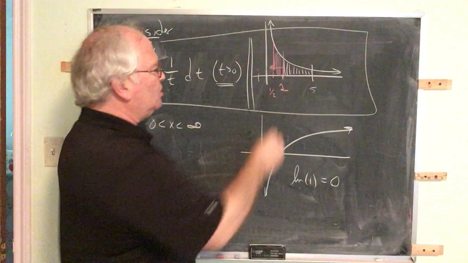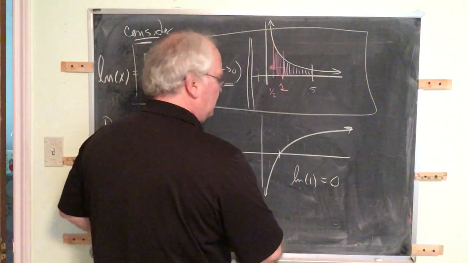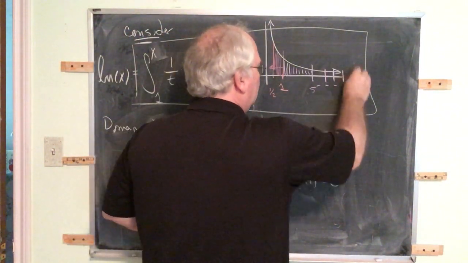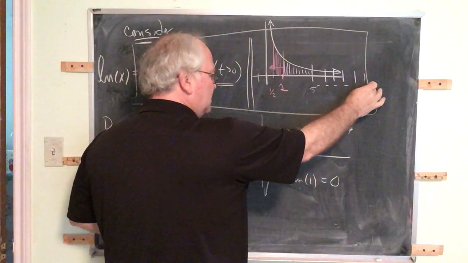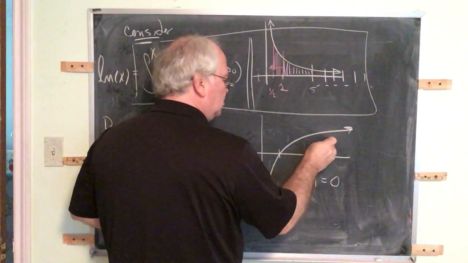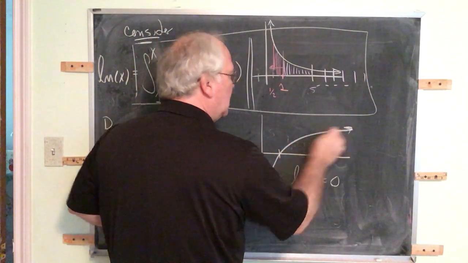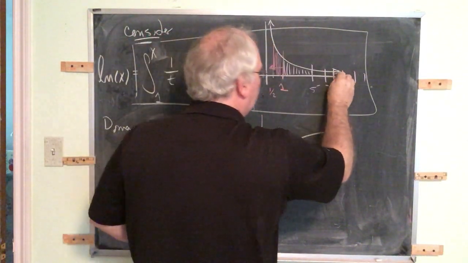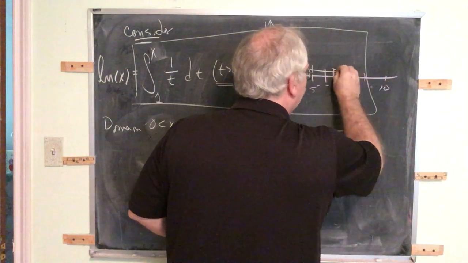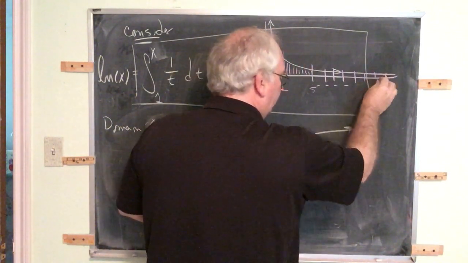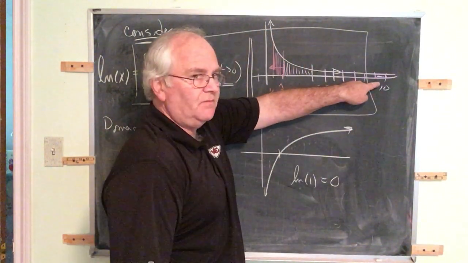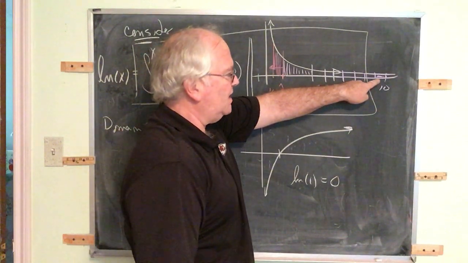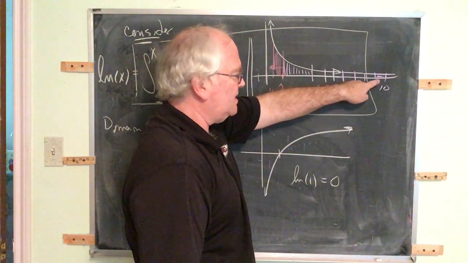As x gets larger and larger, as we move further and further out this axis, the value gets larger and larger. That's why this curve increases. But notice, because this is the reciprocal function, if you go out to 10, yes, you've increased over 9, but not by very much, because this curve is getting closer and closer, asymptotic to the x-axis.